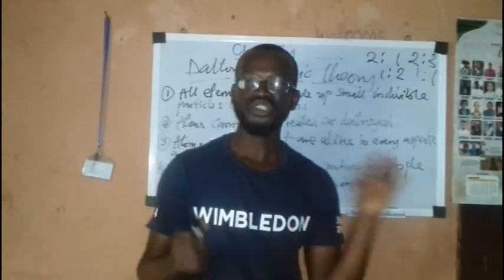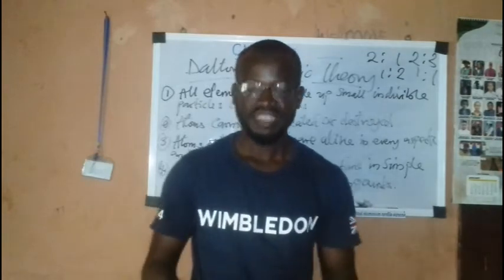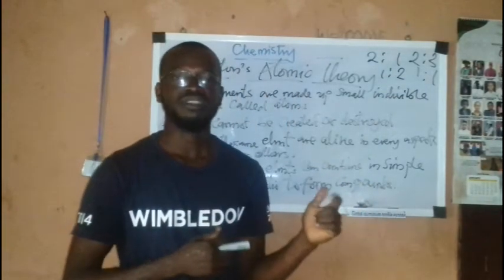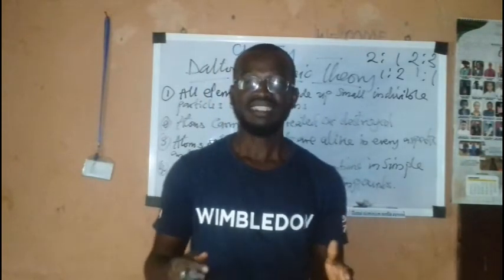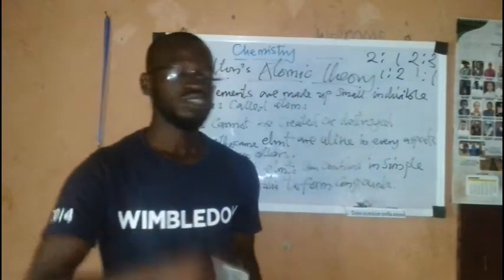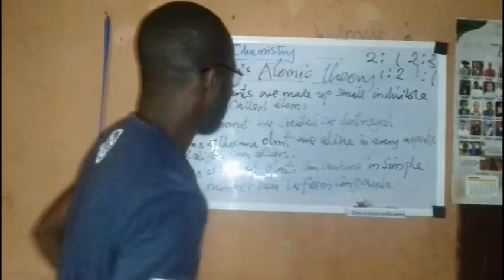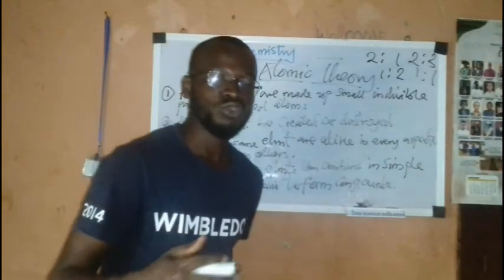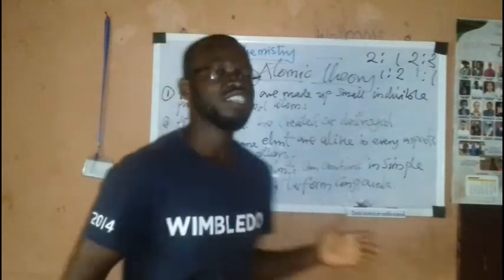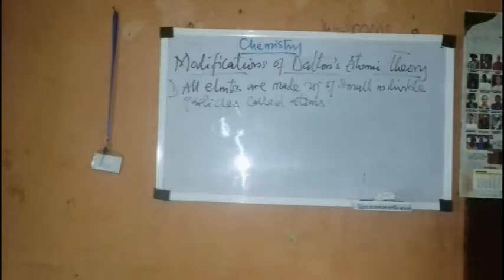Even though it has limitations, it is not totally discarded. Till today, the theories are still usable and still being used in the study of chemistry, given the light that the theory has brought. As we go on, let us look at the modifications of John Dalton's atomic theory. The modifications will reveal to us the limitations in these theories.